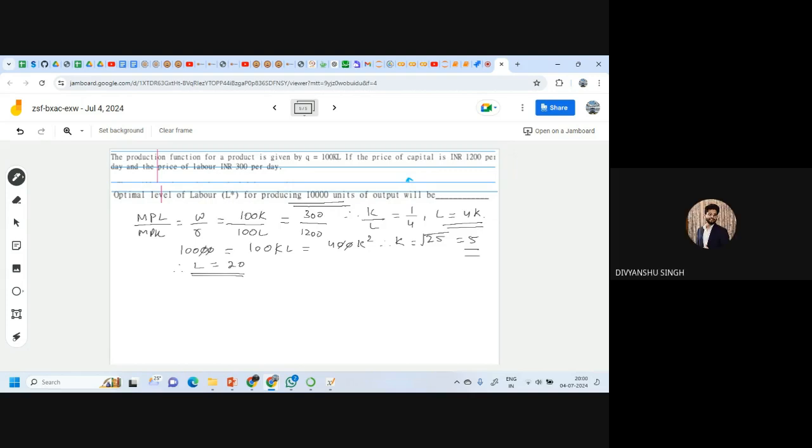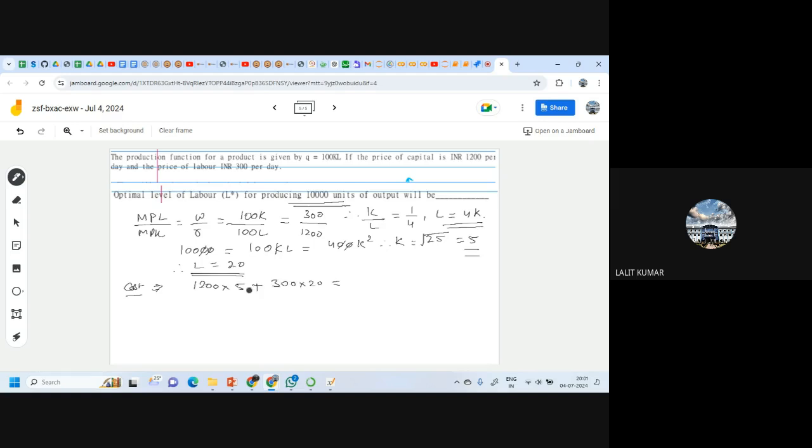Now for the cost, we have to put it in that. If they have given the cost function, cost will become 1200 into K plus 300 into 20.